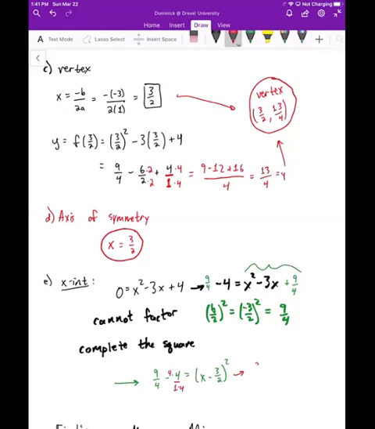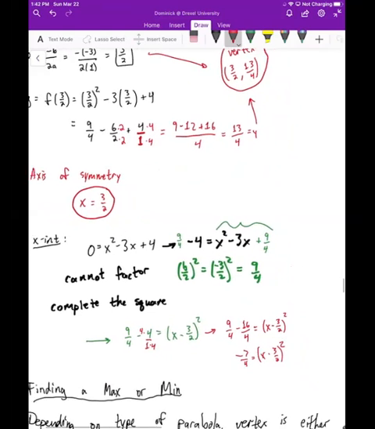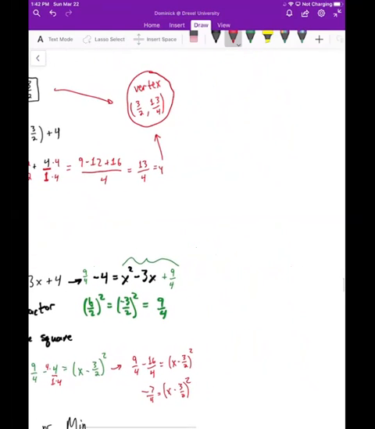And we find that we get a 9 over 4 minus 16 over 4. And then that equals x minus 3 over 2 squared. So we get a negative 7 over 4 is equal to x minus 3 over 2 squared. Now at this point, we don't have to continue.